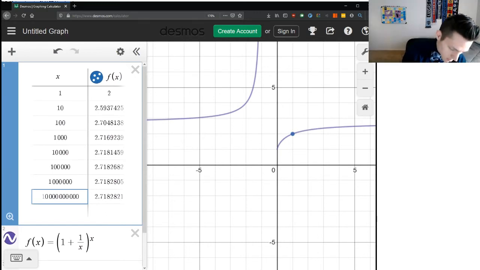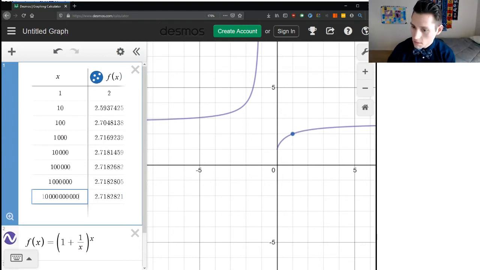So what happens is, as n gets larger and larger, or as n approaches infinity, this expression becomes a specific number. And that number is E.